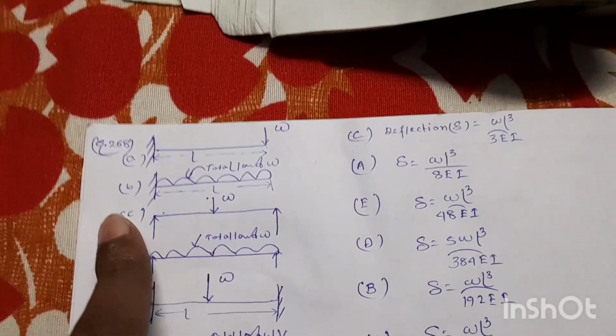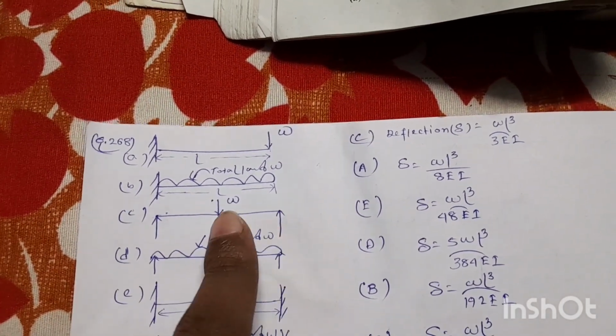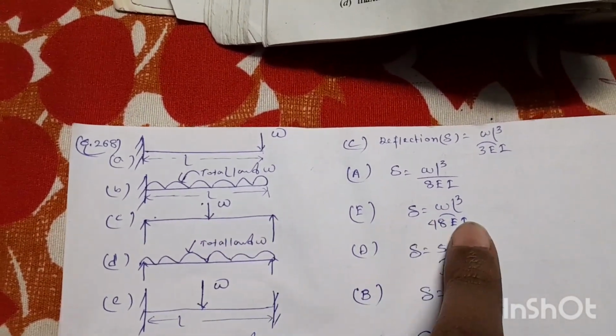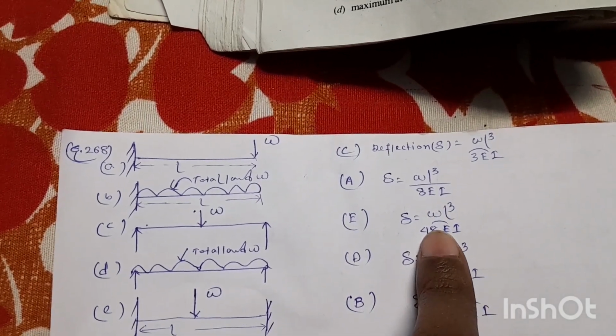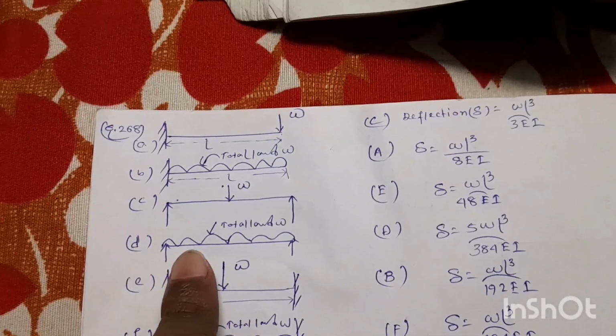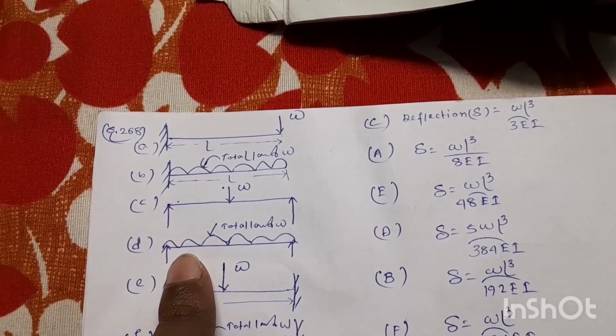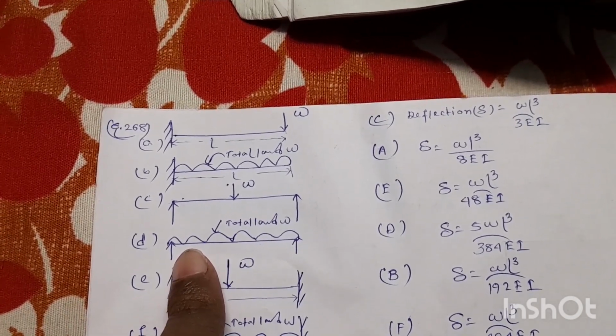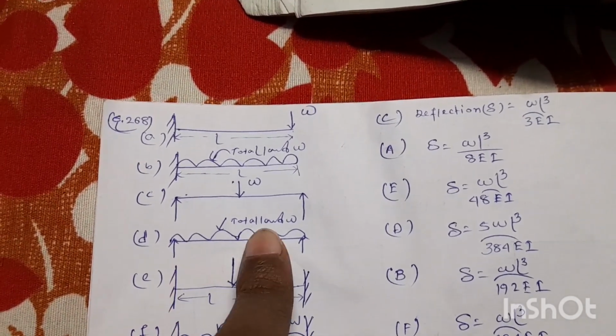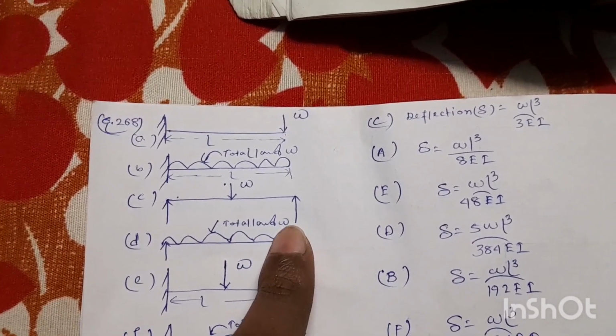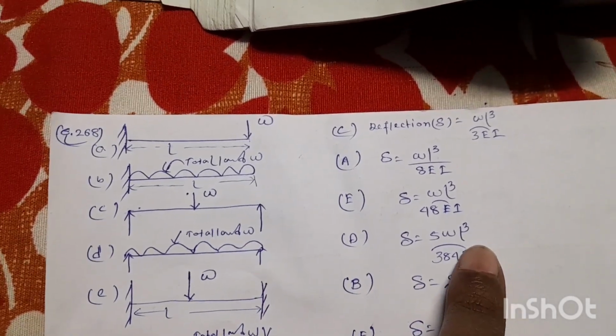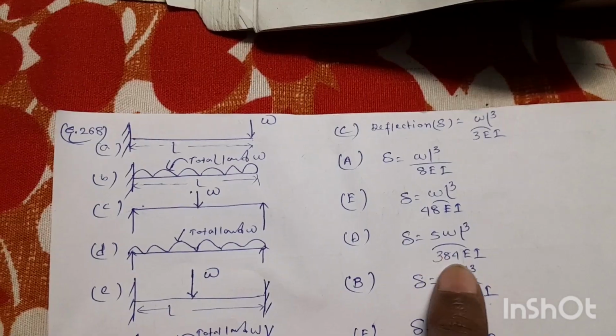Next beam is C, simply supported beam subjected to a central point load W, the deflection will be WL cube by 48 EI. Next beam D, the simply supported beam subjected to a uniformly distributed load, and the total load is W, the maximum deflection will be 5 WL cube divided by 384 EI.